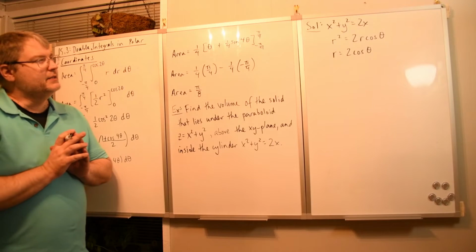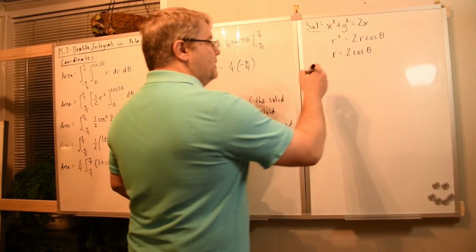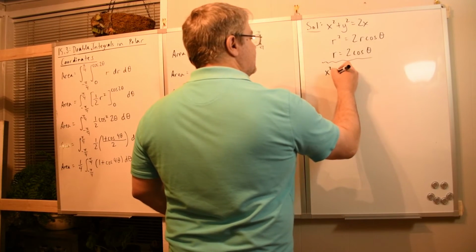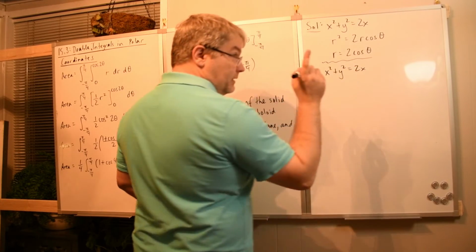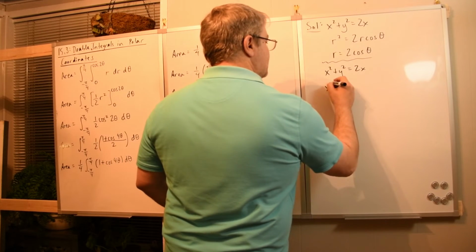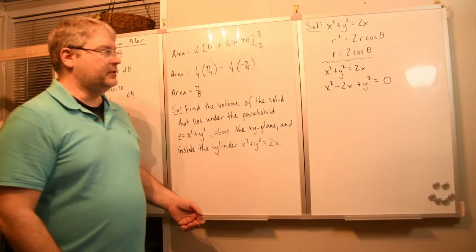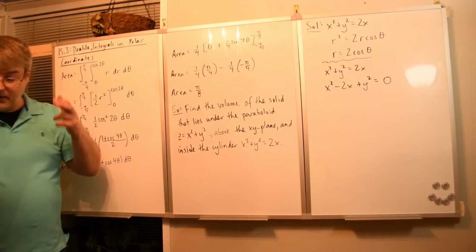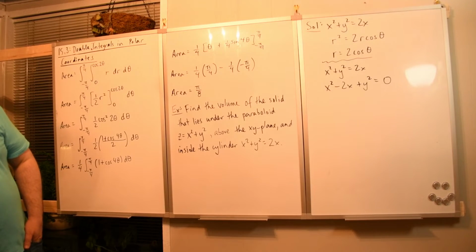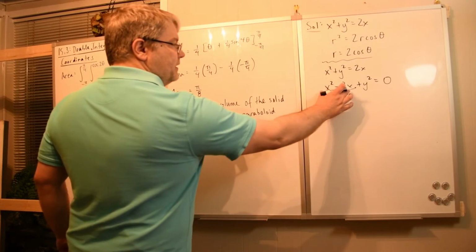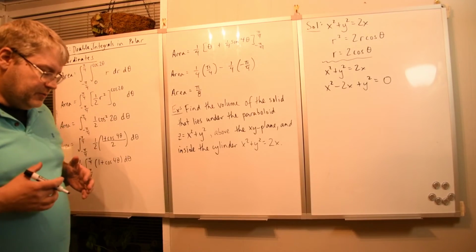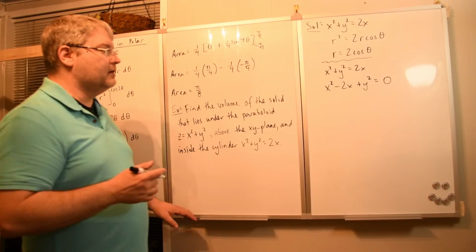If we want to stick with rectangular coordinates, we've got x squared plus y squared equals 2x. So x squared minus 2x plus y squared is equal to 0, just subtracting 2x from both sides. But if you take a look at the x squared minus 2x, let's complete the square.